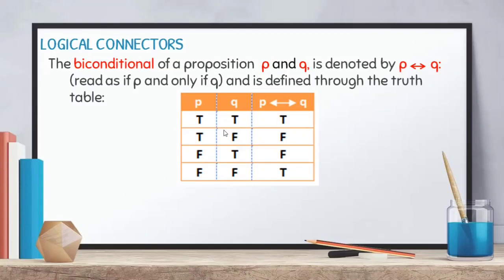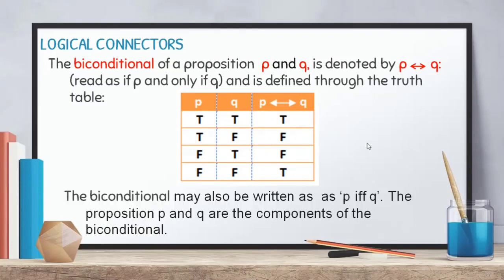But look at this. In the middle, whenever either your proposition P or Q is false, then your P if and only if Q is always false, right? So the biconditional may also be written as P iff Q, right?